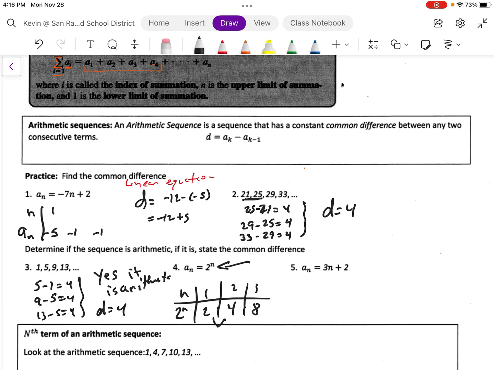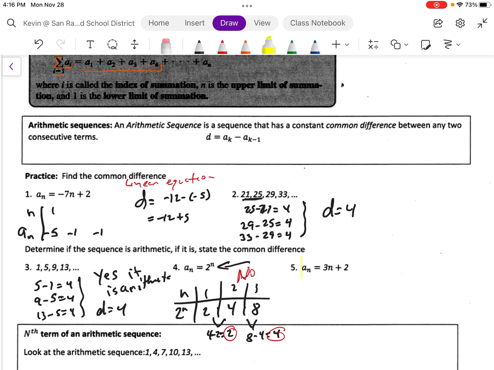If we look at our differences, 4 minus 2 is 2, but 8 minus 4 is 4. These values are not the same, so we don't have a common difference. The answer here is no: no, because there's no common difference, and no, because it is not a linear equation.